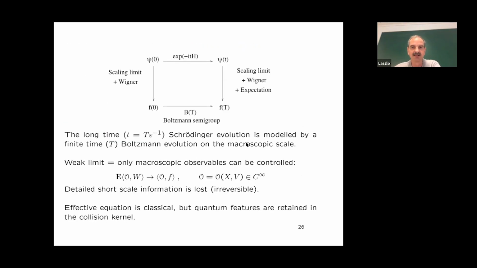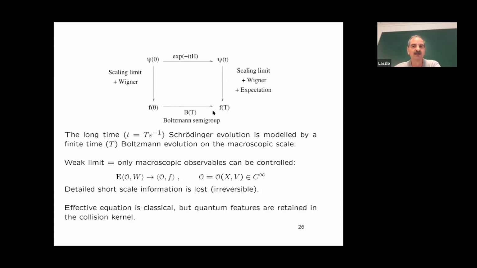So here's a schematic picture of what this does. You start with an initial condition psi 0. You can do two things with that. Either you let it evolve by the honest Schrodinger evolution. That's what you really would like to do, but that's a complicated thing. Or you take the scaling limit and the Wigner transform of that to translate it into a phase space density.